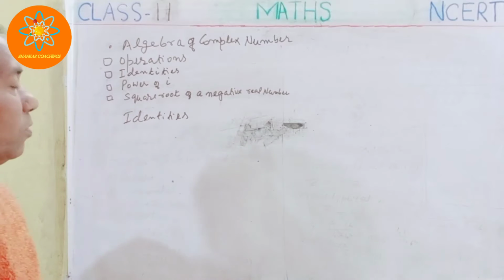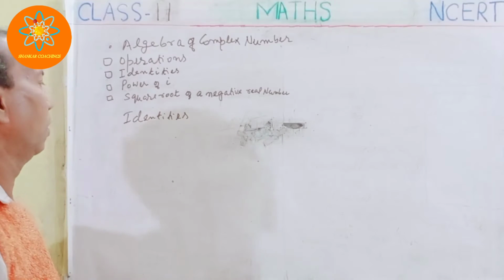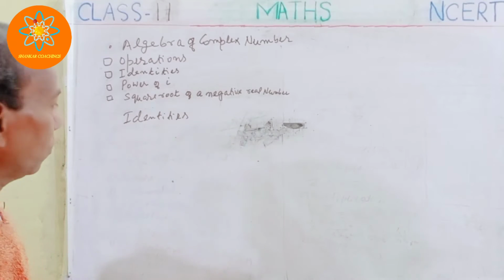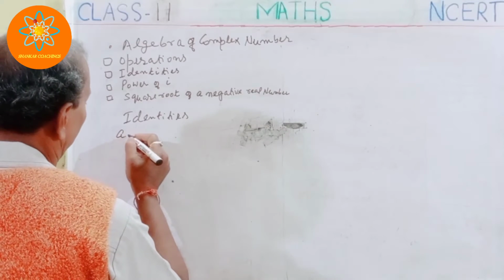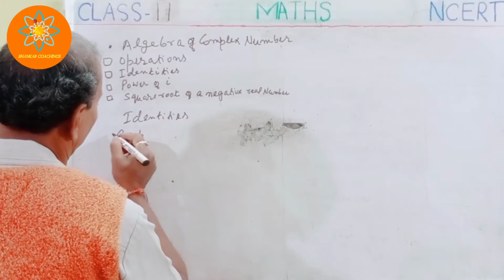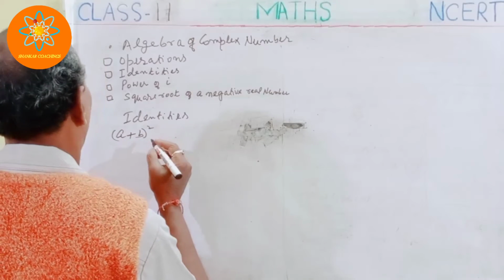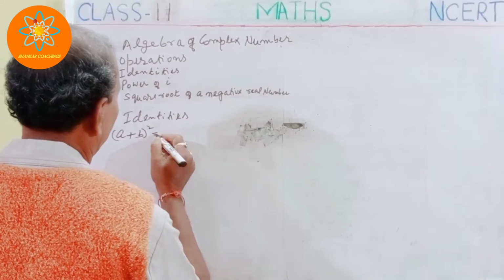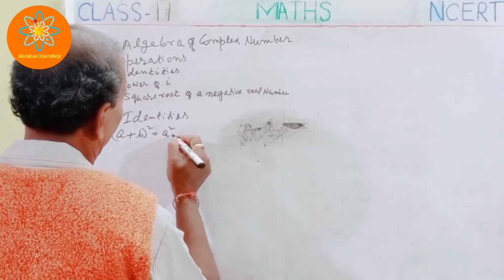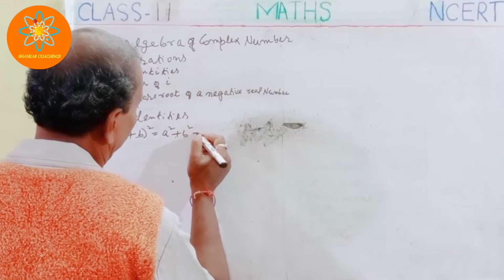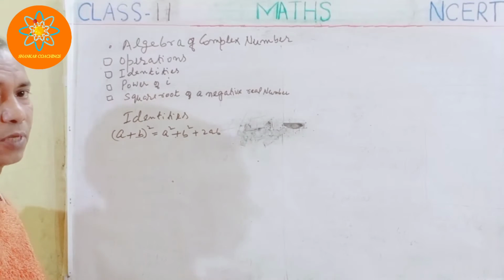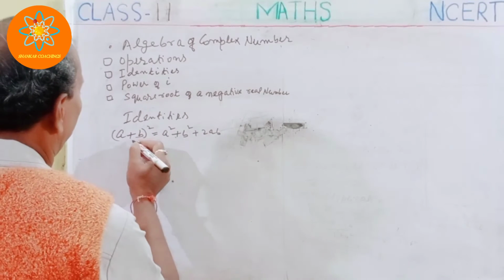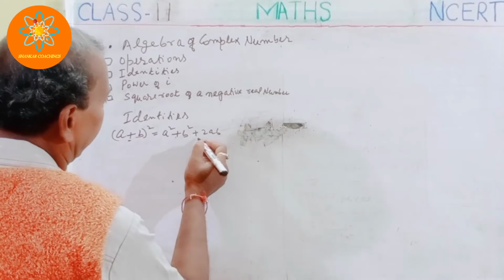So let's suppose z1 and z2 are two numbers. From the formula, we know a plus b whole square is equal to a square plus b square plus 2ab. And let's suppose I put a minus sign here, so I will get a minus sign here also.